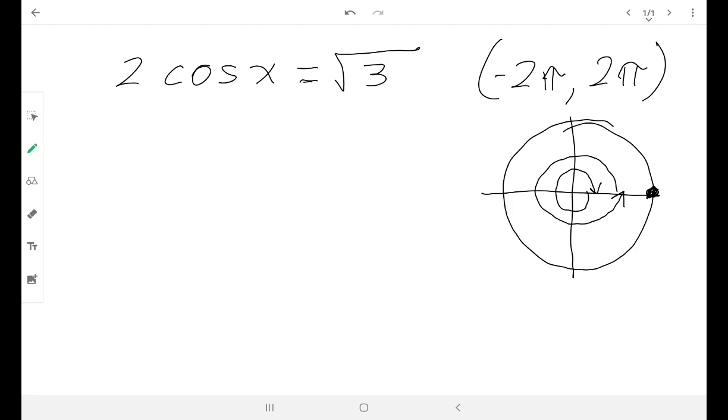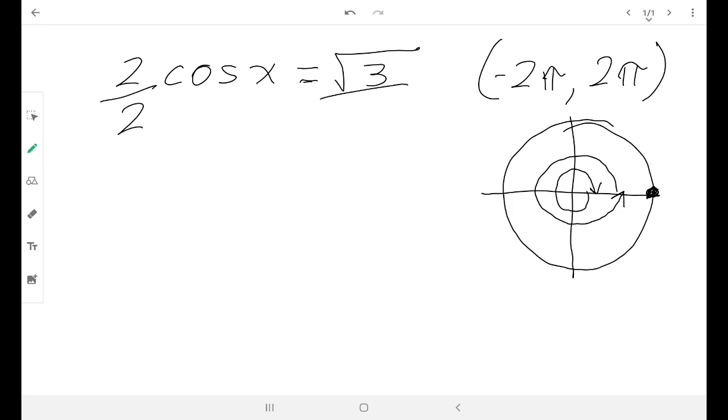Okay? So essentially we're covering everything twice. What we're really doing is covering all the options of the unit circle angles in negative and positive radians. So in a lot of ways, it's pretty simple to solve.